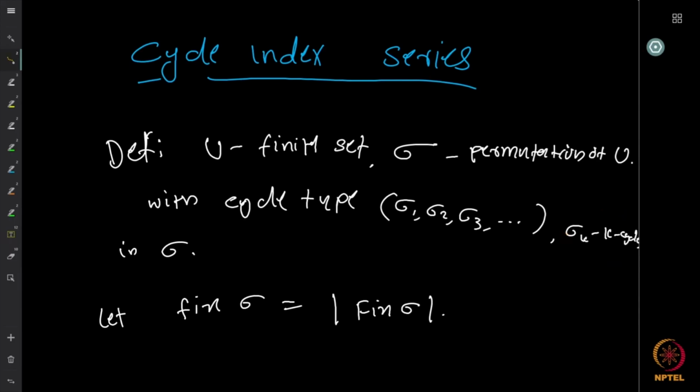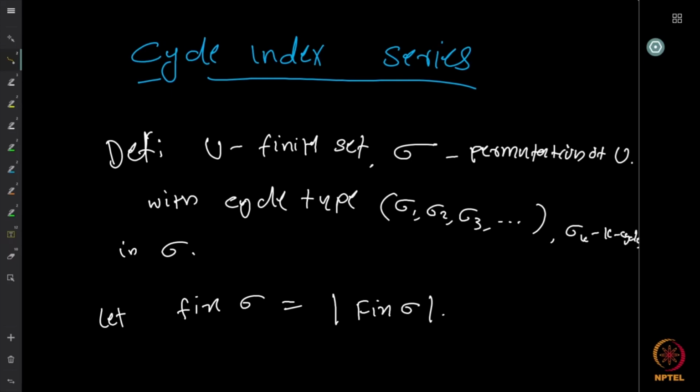Now, if you are given an n element set U, then the cycle type will all be 0 after the nth term. Sigma n plus 1 onwards will all be 0. This is immediately clear: there cannot be cycles of larger length.